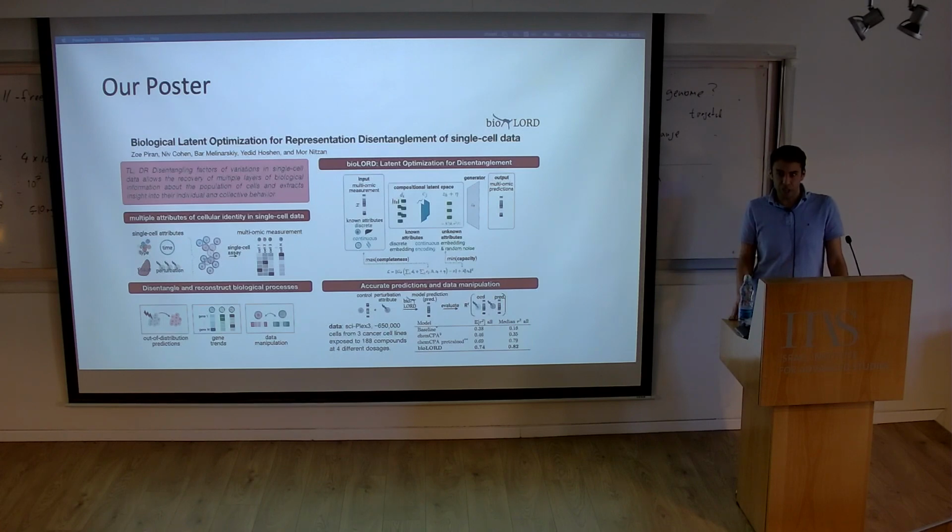We've collaborated with Zoe Piran and with Mor Nitzan to use that in order to perform some really cool analysis in single cell data. So if you're interested in that, please see the poster, please speak to Zoe. I just wanted to remind that this poster is around.